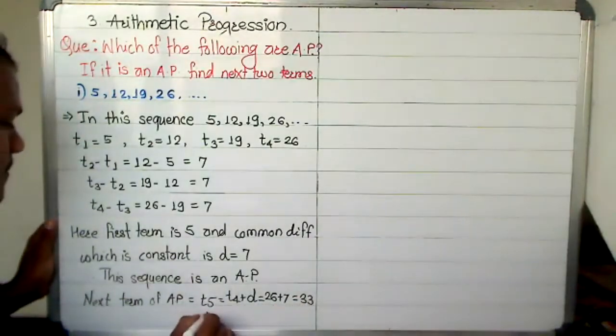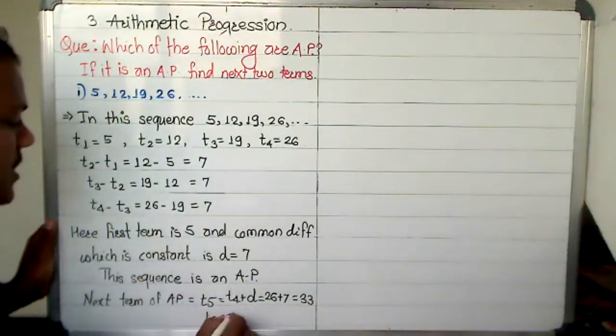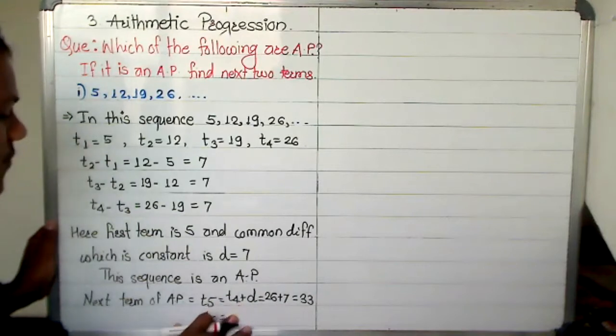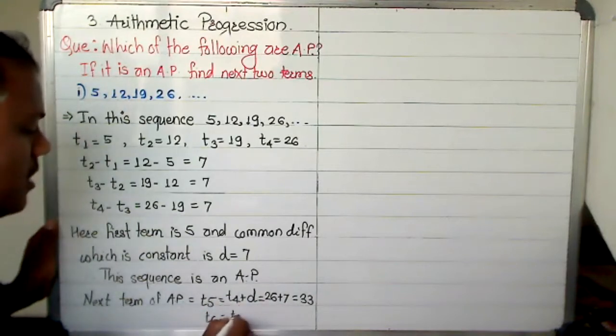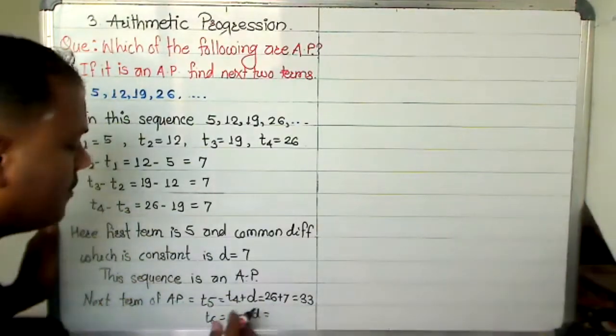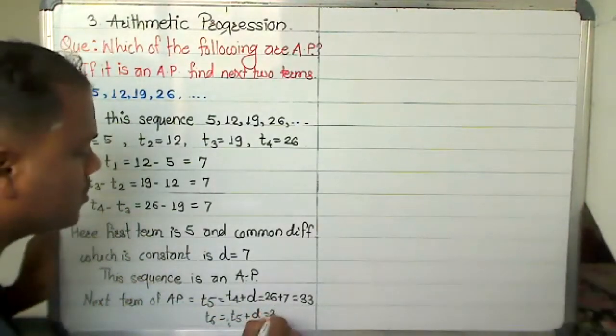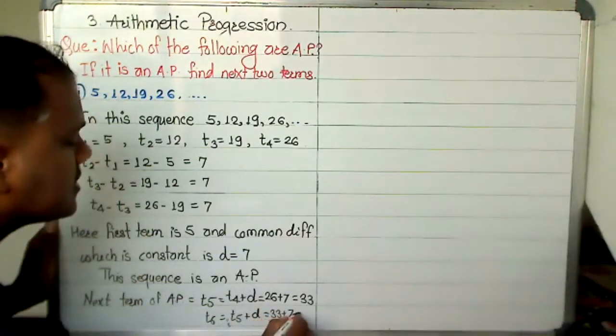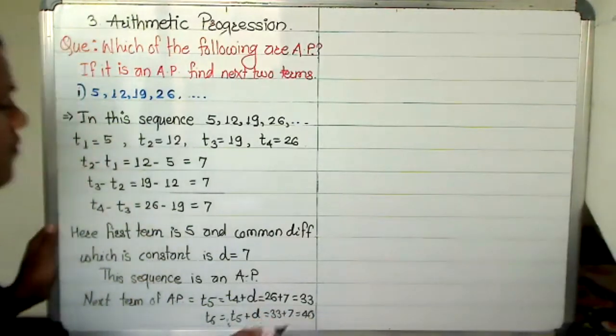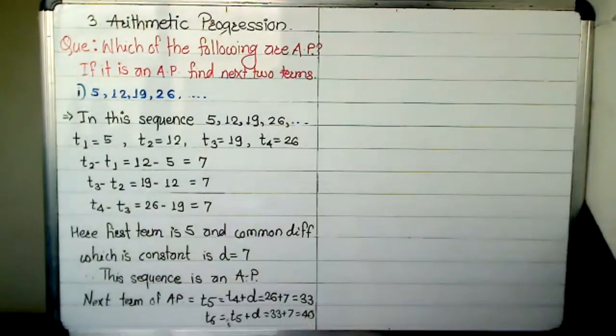And T6 is T5 plus d, which is 33 plus 7, equal to 40. So these are the next two terms of the AP. I hope you understood this.